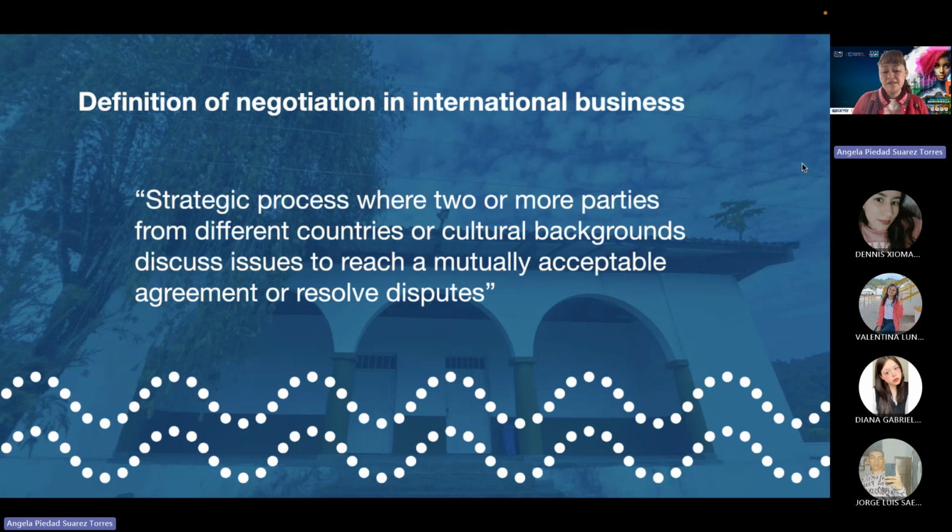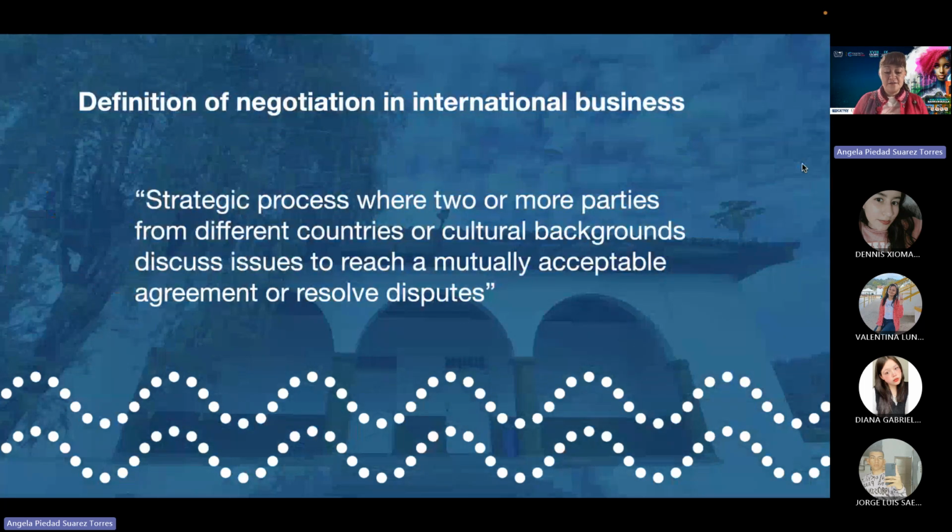It involves understanding and managing diverse needs, goals, and cultural differences to achieve those agreements, such as contracts, alliances, joint ventures, or commercial transactions across international boundaries. So those can be the results from an international negotiation in business.